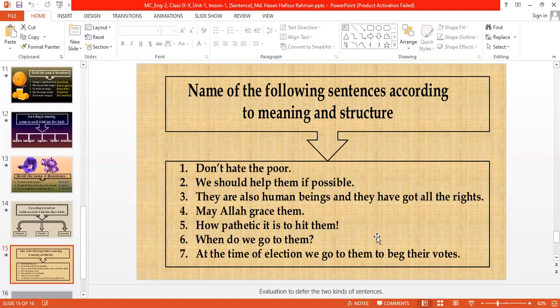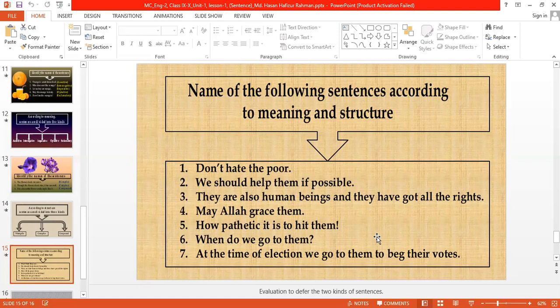My dear students, you look at the blackboard. First sentence, assertive sentence, and it is a negative sentence. And the second sentence, if is a subordinate conjunction, so it is a complex sentence. And the third sentence is a compound sentence because and is a coordinate conjunction.